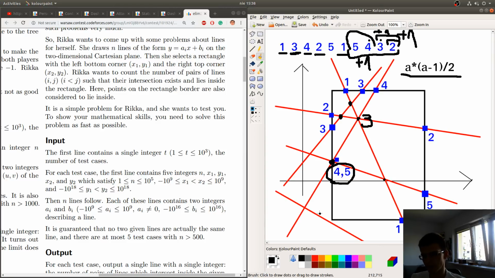For example, possibly there could be lines like this that only intersect a rectangle in one place. So there is a special if for that. Also, you have to carefully sort the events, the intersections, the blue intersections around the rectangle.